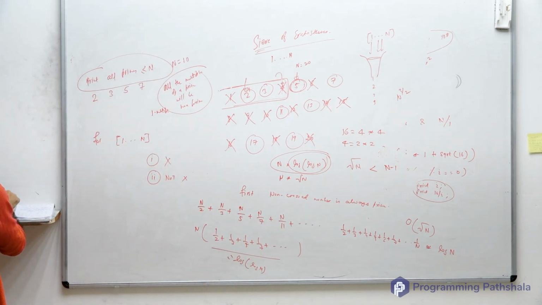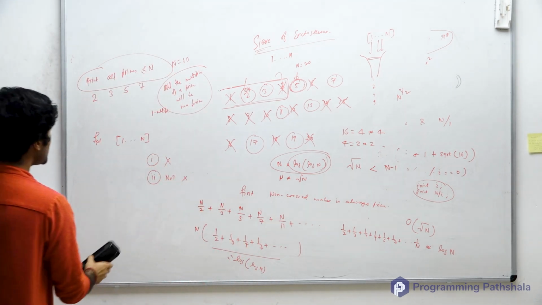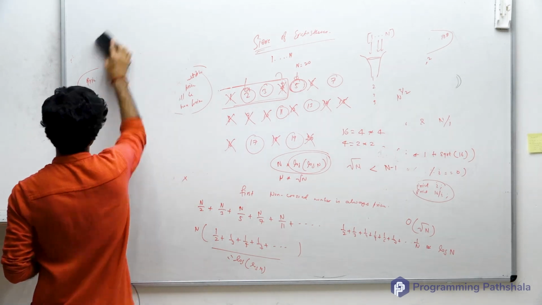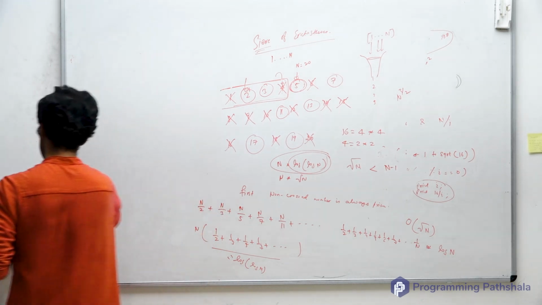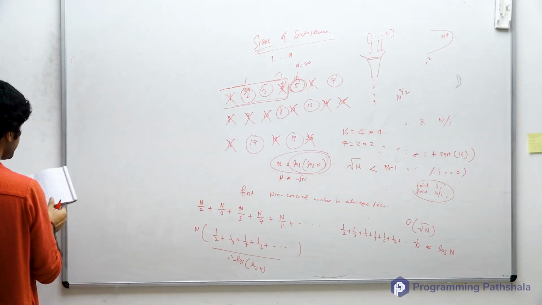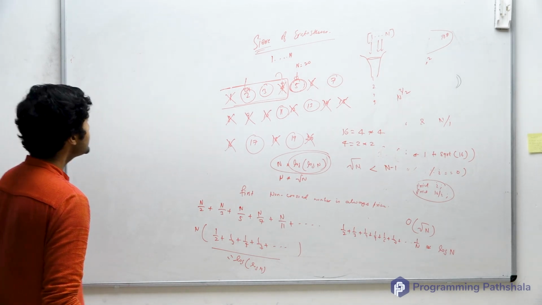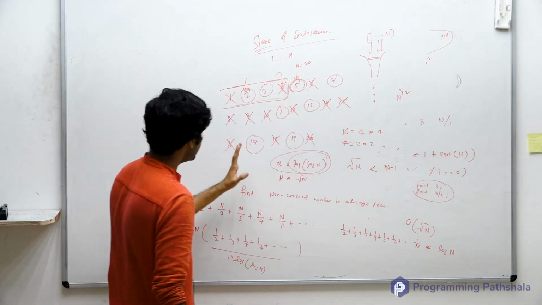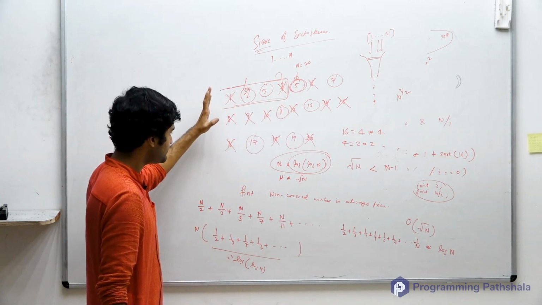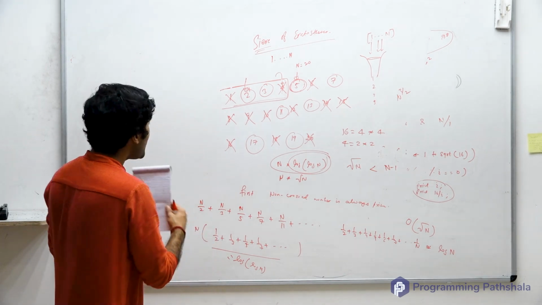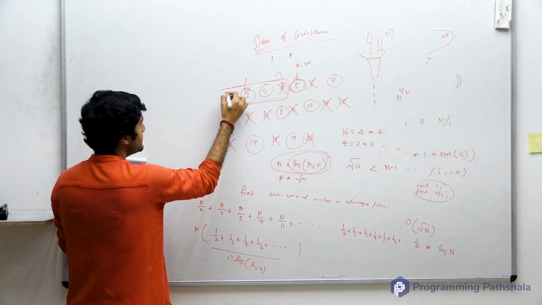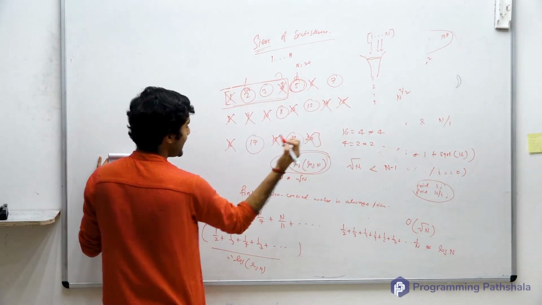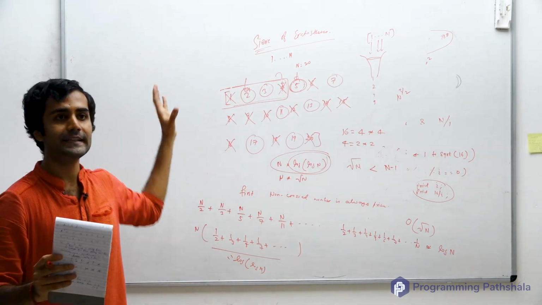Okay, cool. So now let us talk about the implementation part of it. So let me help you out with that. What I can do is, not just for the prime numbers but for all the natural numbers which are in between 1 to n, I'll store their status somewhere.